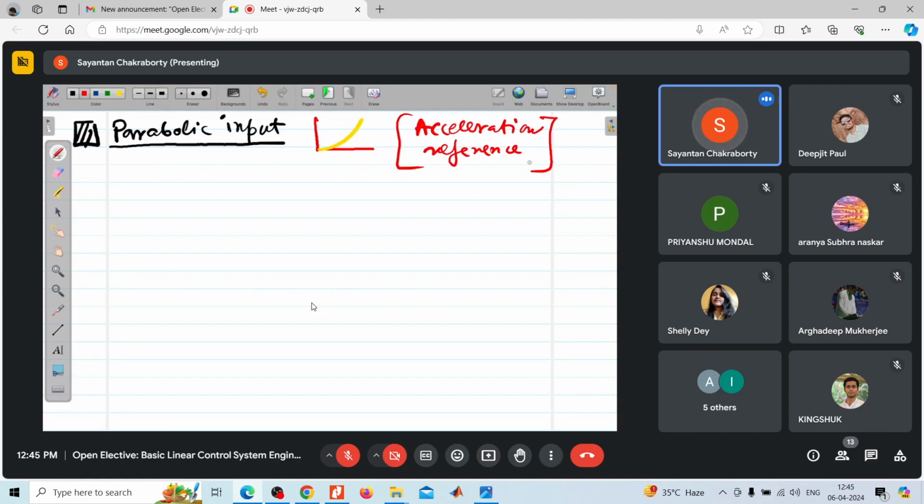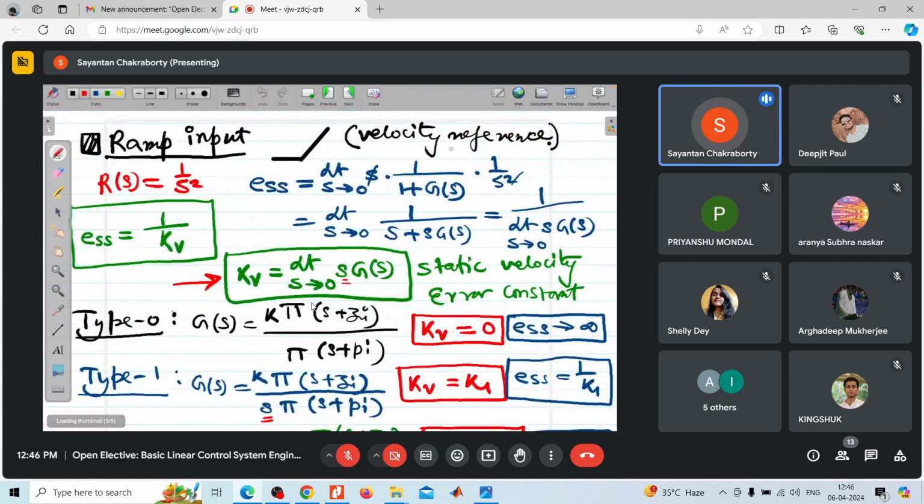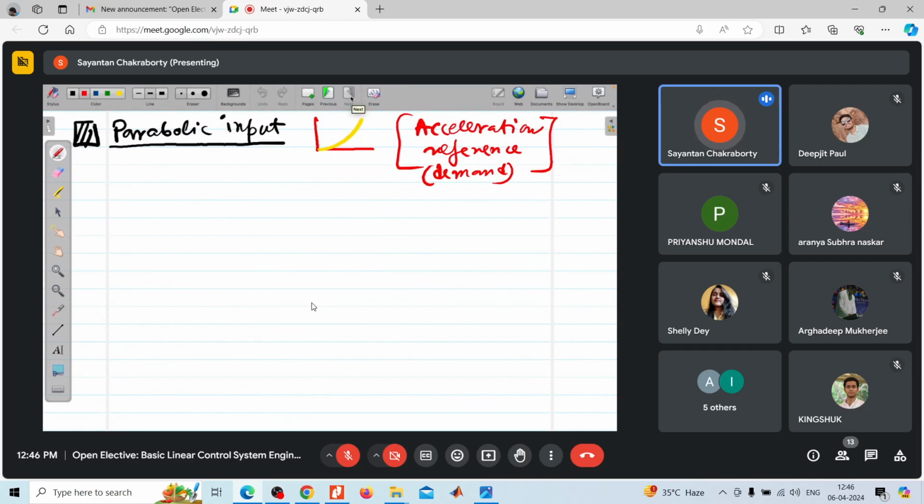It represents a constant acceleration, because all the references that I'm giving are in terms of position, or the demand on the position. So it actually means an acceleration demand. Here also I should not say reference, rather demand. It's a constant acceleration type of demand.